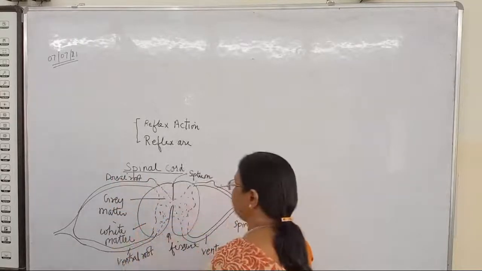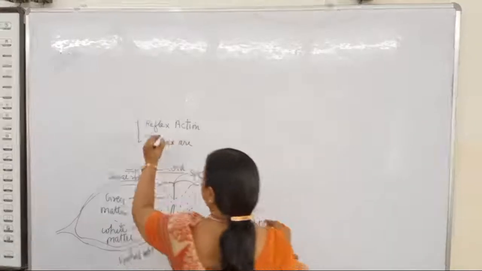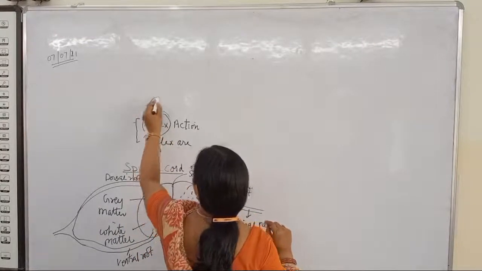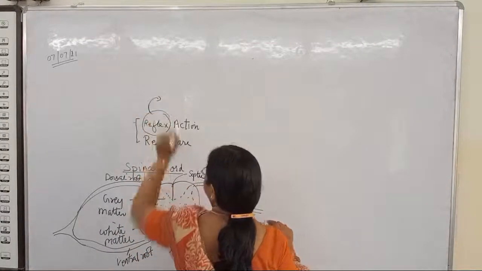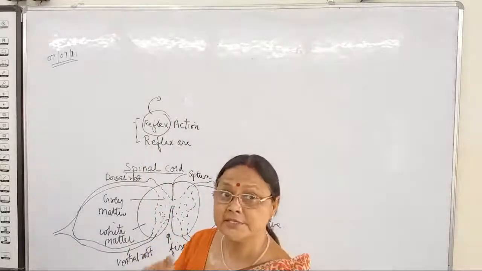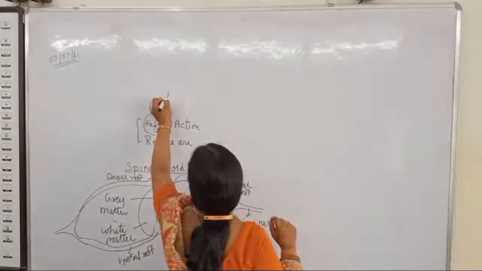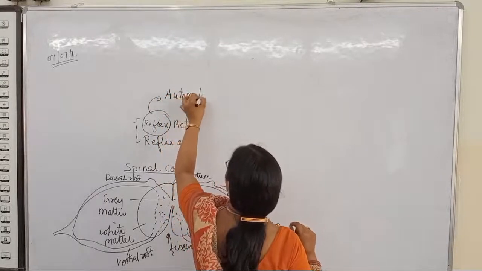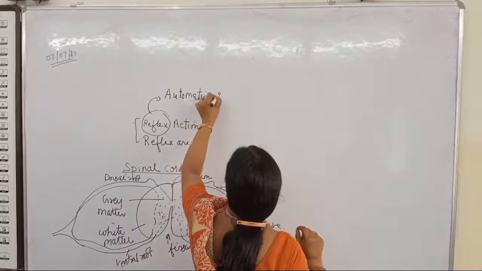Now we will talk about the reflex action and the reflex arc. What do we mean by reflex? Actually, reflex is a reaction. We can call it an automatic reaction.